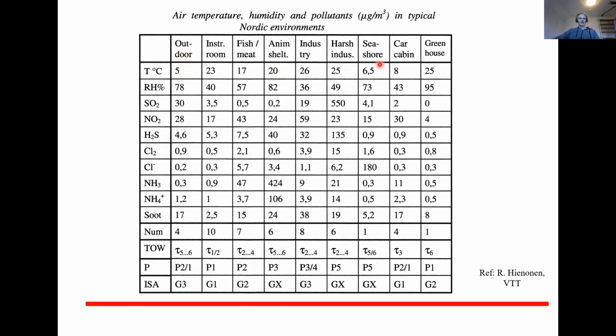Based on the relative humidity, they picked the time of wetness category, and based on the amount of impurities, they picked the P category, and then combining these two, one ends up with the corrosivity class of the environment.